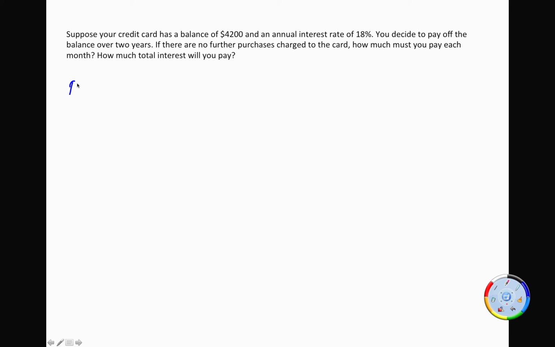I can just use my regular installment loan formula, right? It means I owe them $4,200. I'm going to pay it off over 2 years, and I'm not charging anything else on the card. So I can just plug that information into the regular installment loan formula, which will not work if we continue to charge on the card, remember.